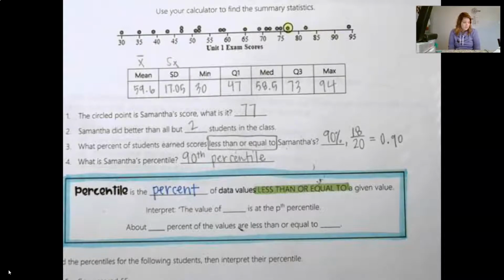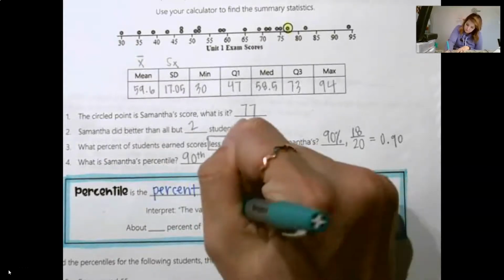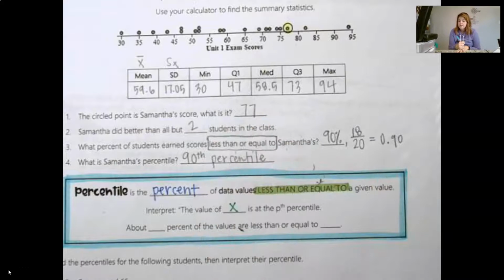So much like a lot of things in stats, there is a very specific way that they want us to interpret percentile. When we find a percentile, we would use the sentence frames: The value of X is at the pth percentile.